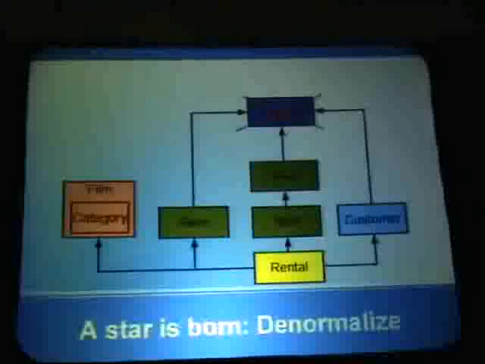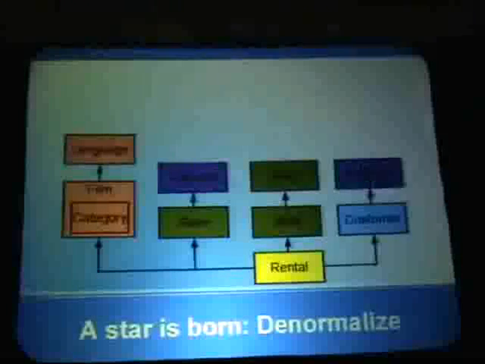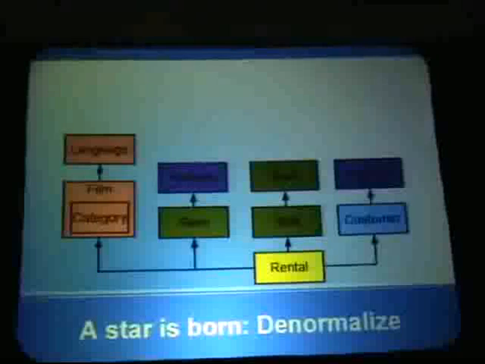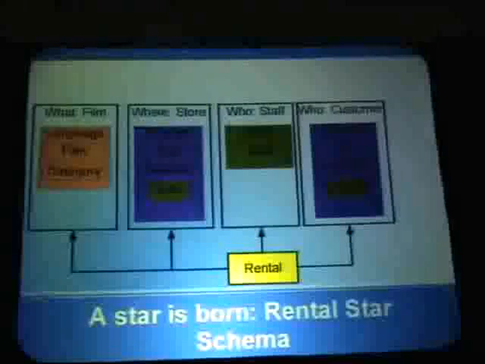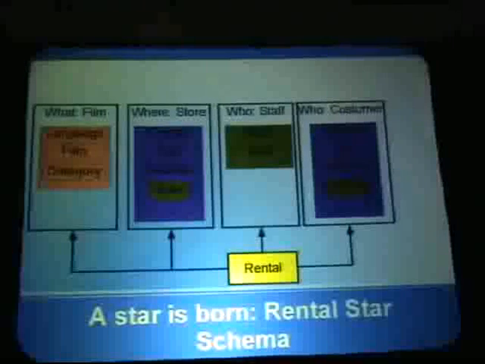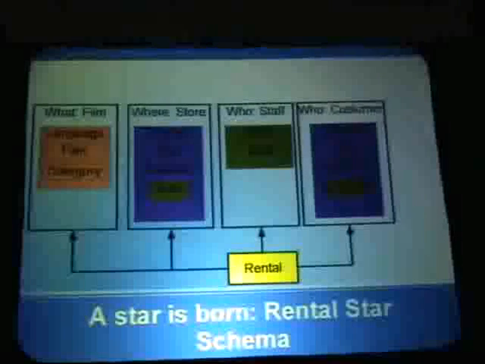So in this case too, we're getting rid of address, and we're folding the address columns into the customer and the store tables. So we can repeat this process for a bit, and finally we end up with a few dimension tables containing columns from all the different related tables in our original OLTP schema.